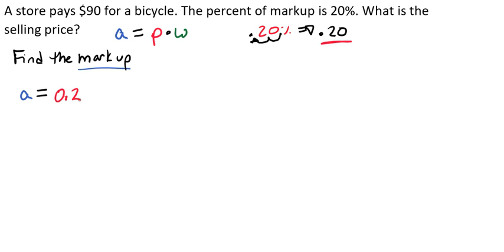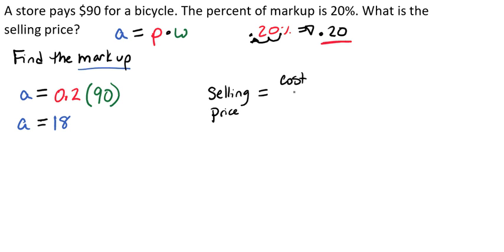So 0.2 times our $90 gives us a value of 18. So they're going to mark up the bike $18. To find the selling price, we take the cost to the store and add our markup value.